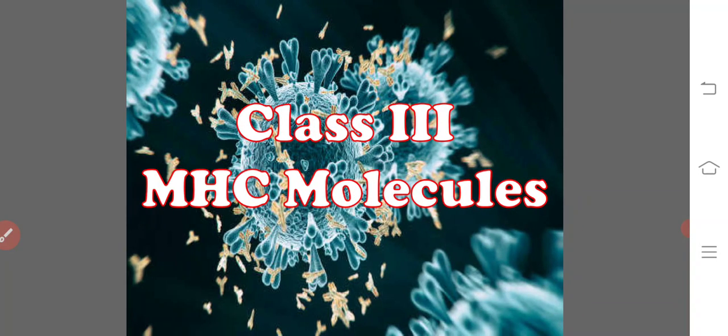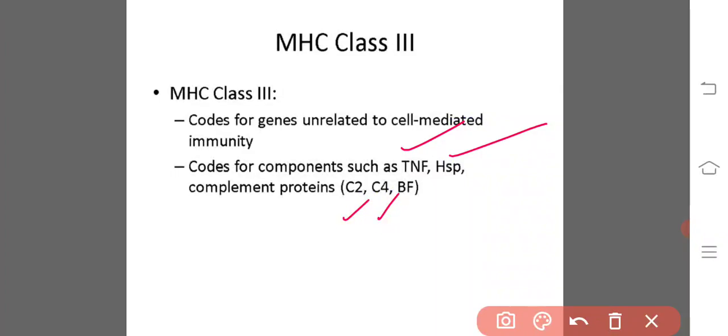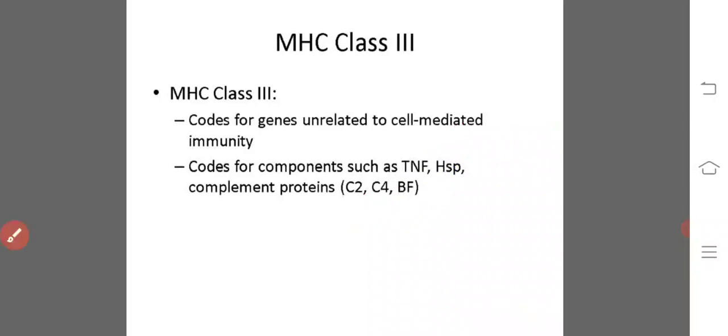And coming to the class III MHC molecules, MHC class III codes for genes unrelated to cell-mediated immunity, and these code for components such as tumor necrosis factor, HSP, meaning heat shock protein, and complement proteins like complement 2, complement 4, and factor B. These all are the products of the class III MHC genes.